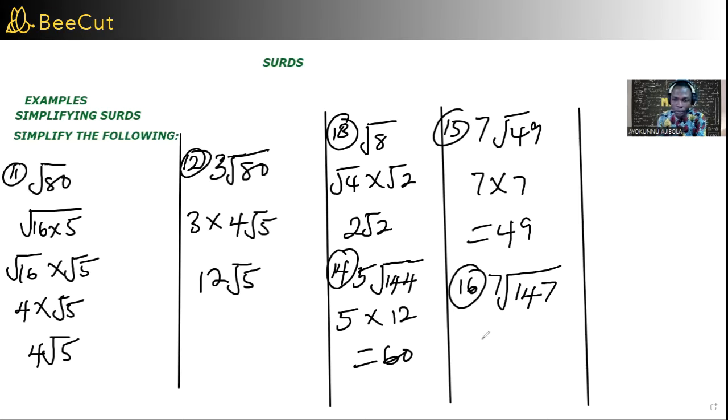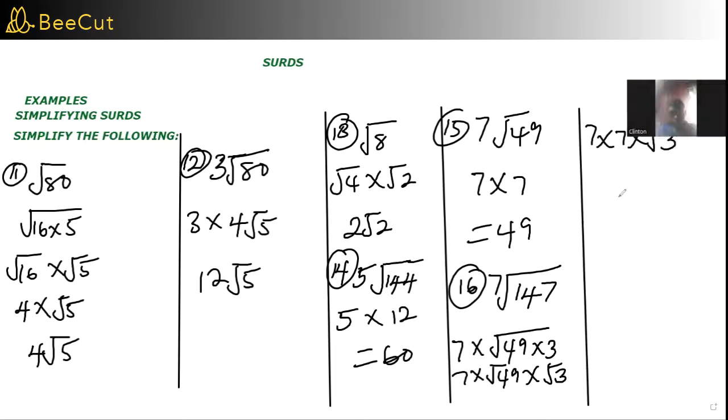So that is 7 times root 49 times 3, right? Yes, sir. That means 7 times root 49 times 3, and that will be 7 times 7 times root 3, and that will be 49 root 3, not 147.